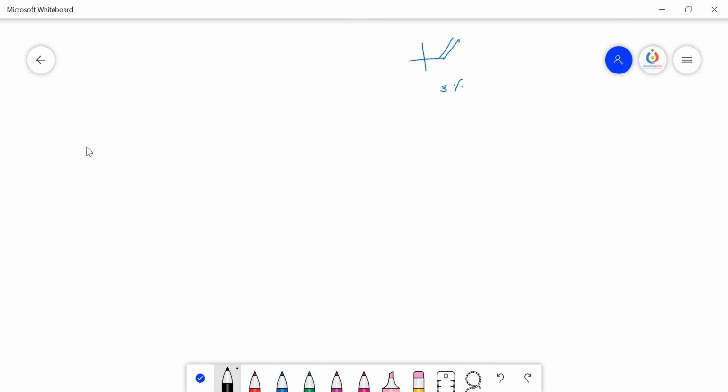Now let us see some other beautiful examples of this E1 mechanism. Take concentrated H2SO4 and heat it. You can take H3PO4 also.